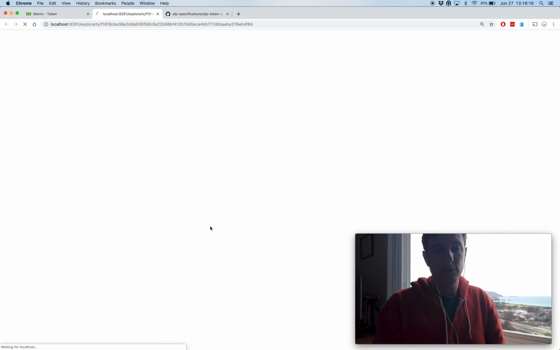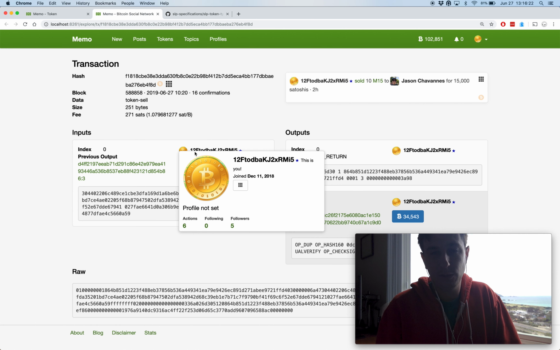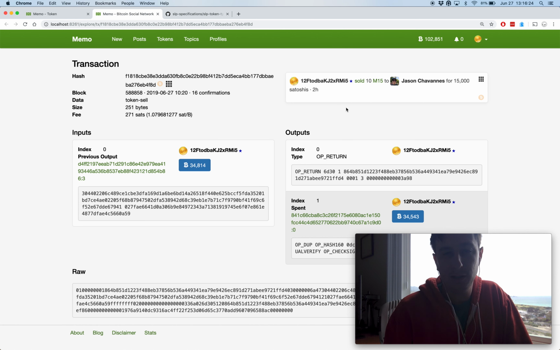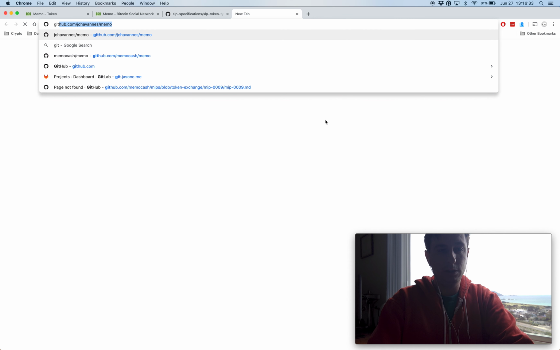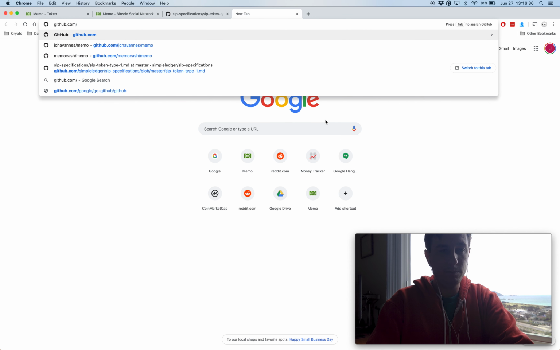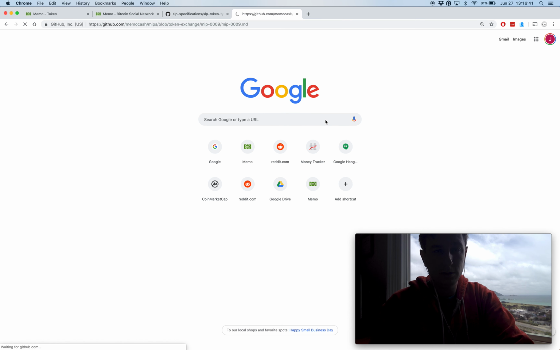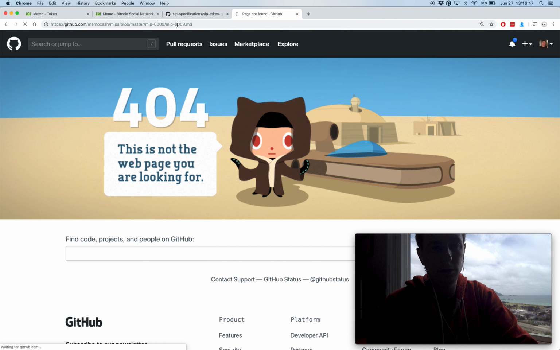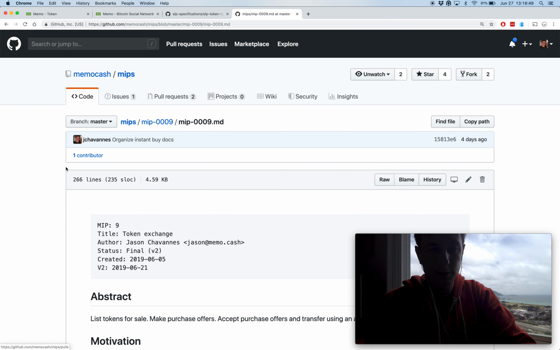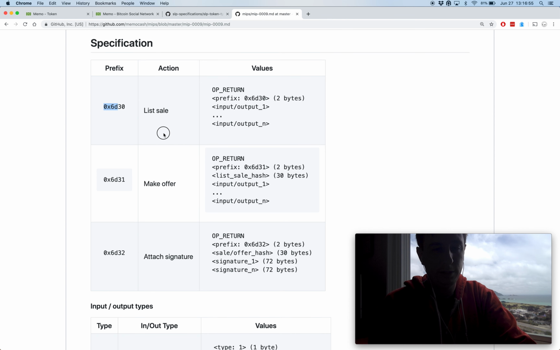So let's take a look at the first. This user 12F is listing the M15 tokens for sale, and this is the protocol. So if we go to and look at the protocol for the token exchange, you see there's 2 or 3 actions.